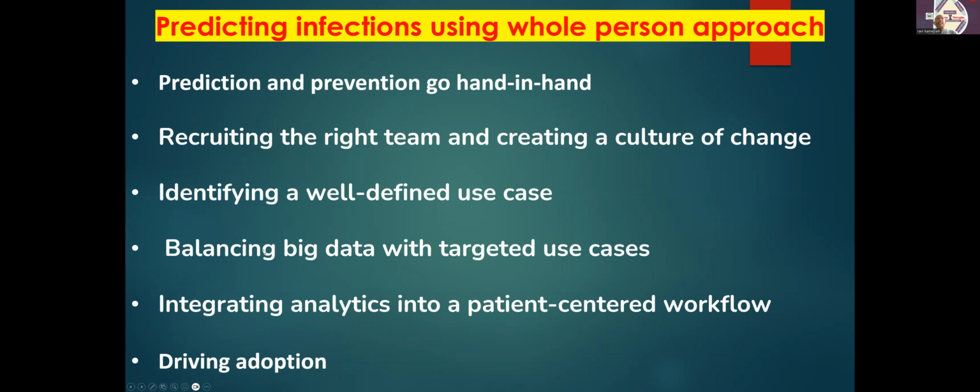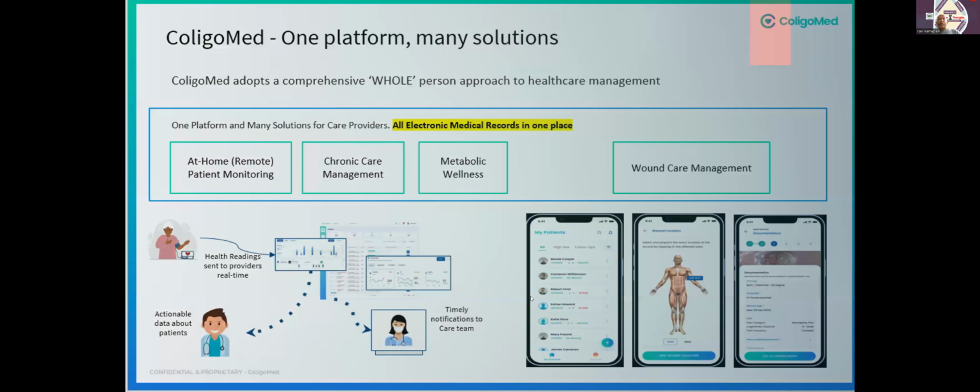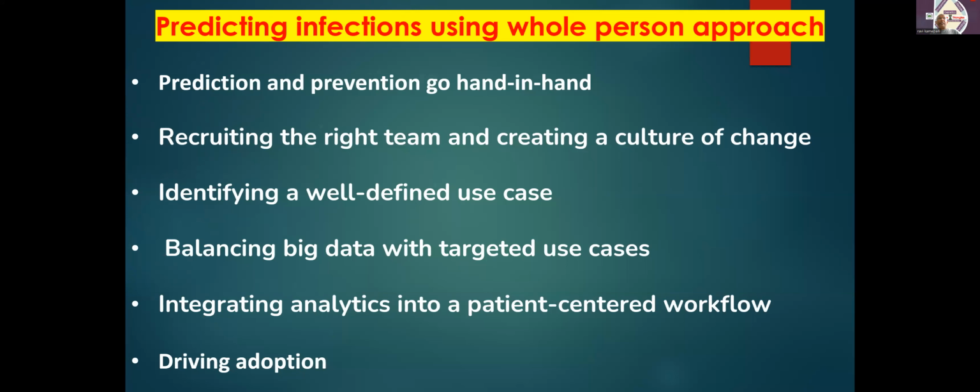And we have to understand that there is big data, there are different targeted use cases, and also we have to integrate analytics into each patient-centered workflow. And also we have to drive different technologies and drive adoption.